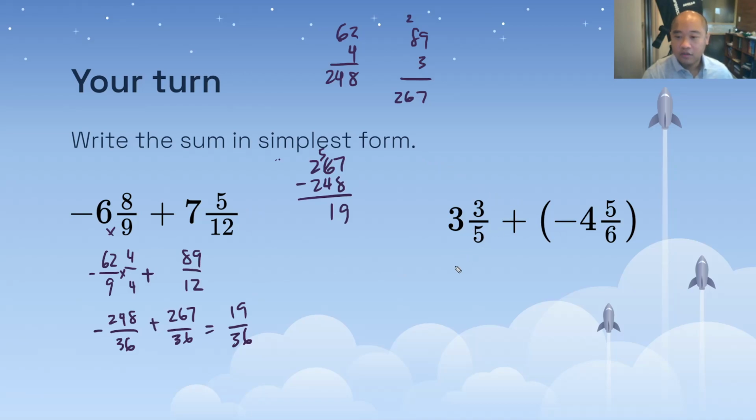All right. So here we have 1 and 8/5 plus a negative 29 over 6. And then this is going to be 30. So times 6, 18 times 6.